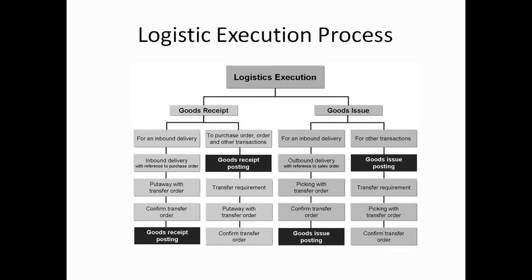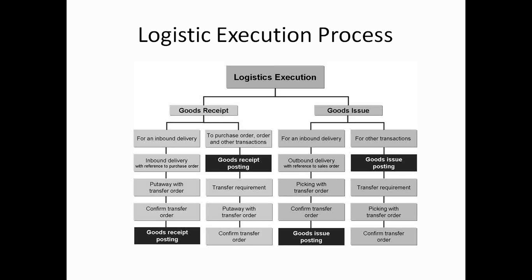Okay, and now the process: how it differs when we use inbound deliveries and when we don't use inbound delivery in warehouse management. If you see the goods receipt process, normally when we create a purchase order, we create a goods receipt to the purchase order.